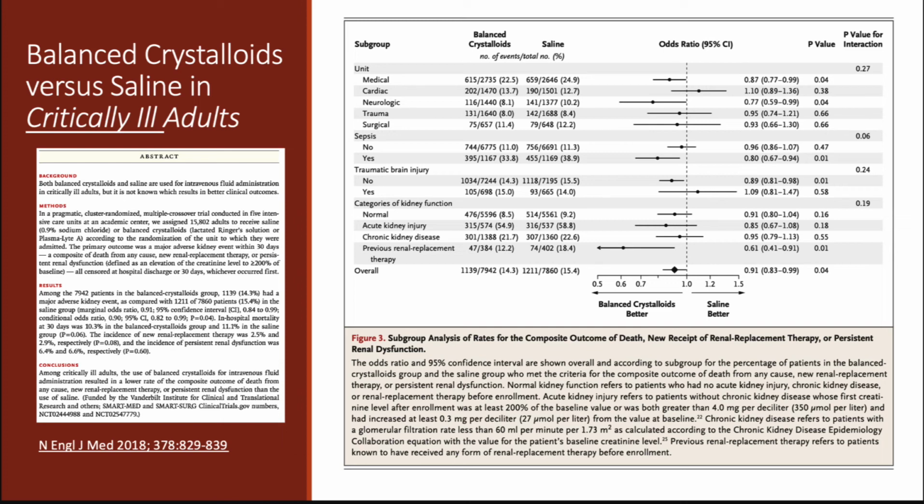Now, to read a forest plot, you have to know that the odds ratio of 1 is the dividing line. Everything that ends up to the left of the odds ratio line favors balanced crystalloids, and everything to the right favors saline.